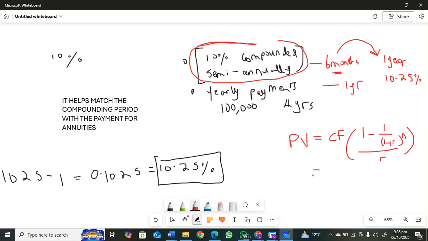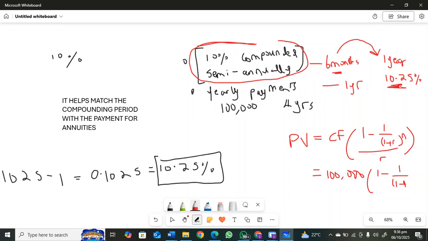Okay? So in this case, the cash flow 100,000 over, open brackets, 1 minus 1 over 1 plus R. This R, we're going to use 10.25%.